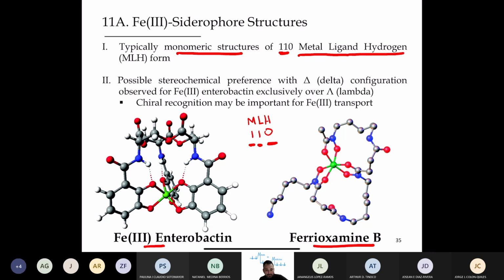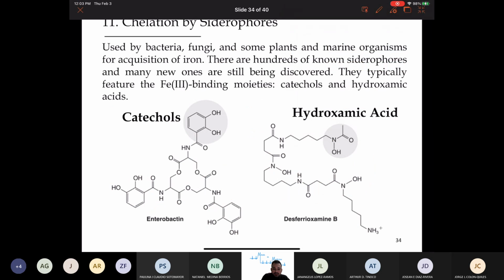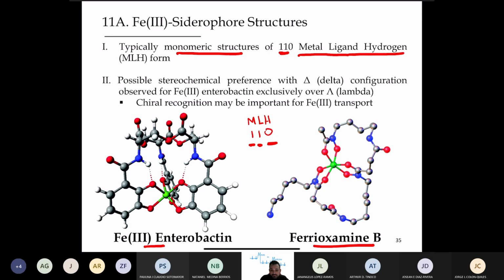Well, let's go back for a moment. If we go back here, let's clear this off, you will notice that the catechol moiety has 2 protons. The hydroxamic acid moiety has a proton. These particular protons dissociate when they bind the metal. If those protons were associated with them, we would actually have to count them. So in this context, we keep track of how many protons are part of the coordination of a given metal.